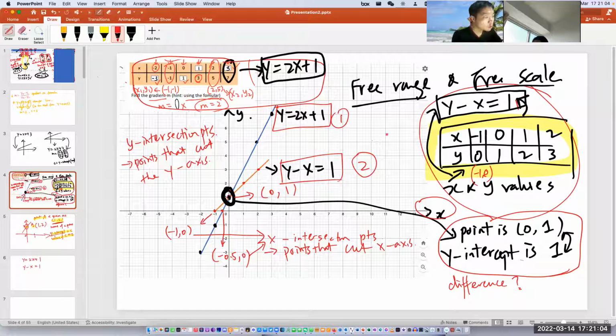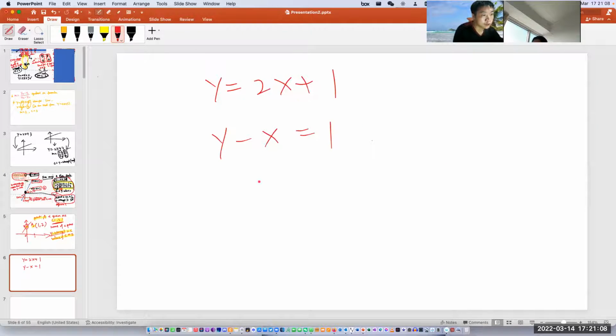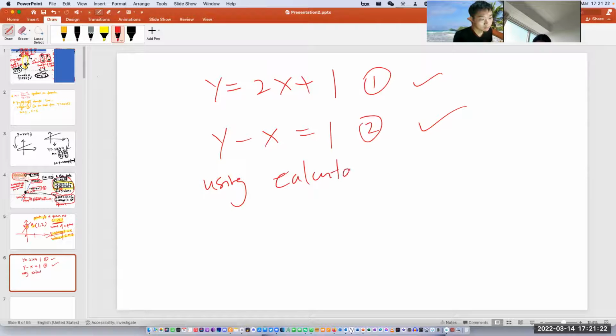I have just copied the two over here. Without learning graphs, how do you solve this? One way is using a calculator. But before you can use the calculator, you need to rearrange.